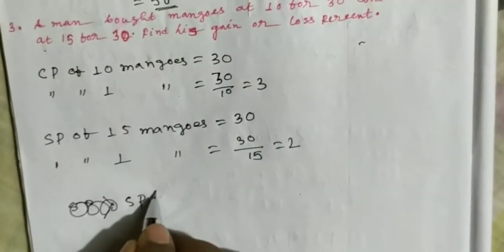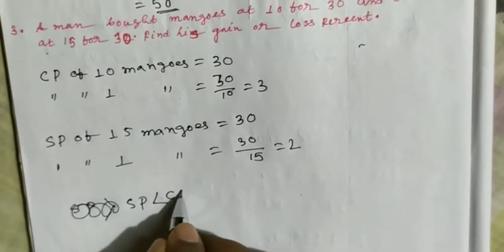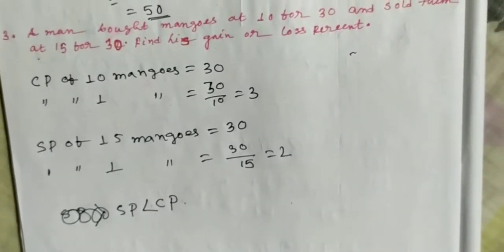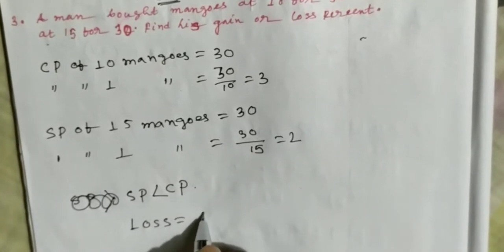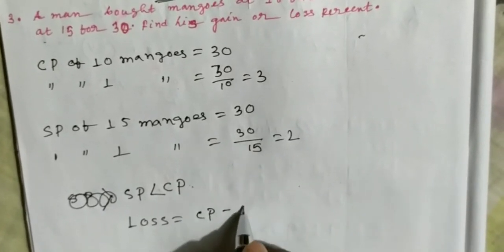So, SP is less than CP. Loss is equal to CP minus SP, rupees 1.